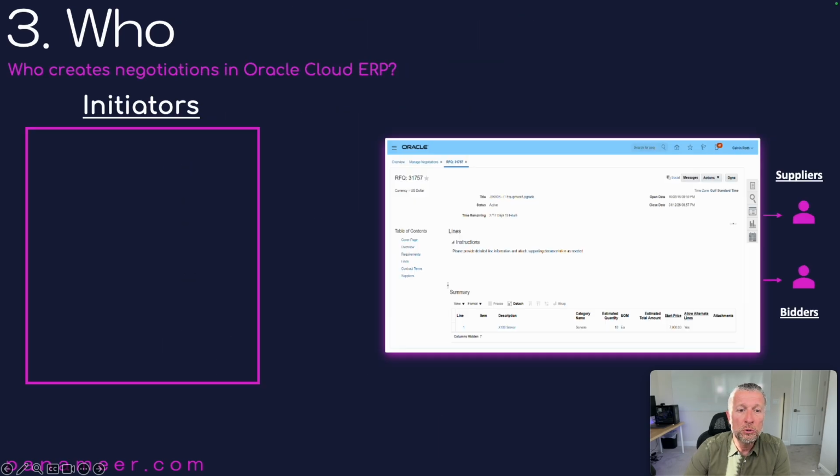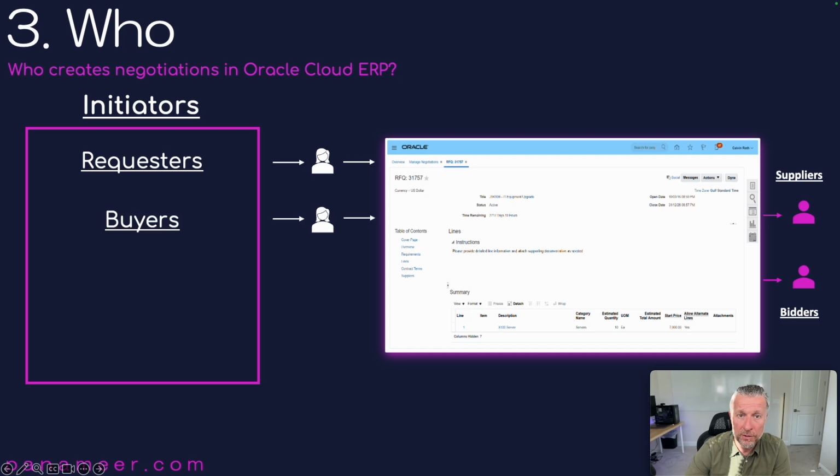Okay, slide 3, who creates negotiations in Oracle Cloud ERP? Well, the initiators are as follows. First, requesters can initiate a negotiation. That's very common. Then buyers, we talked about programs. The requester may have a request that, because of the rules in the purchasing organization, becomes a negotiation or sourcing event.